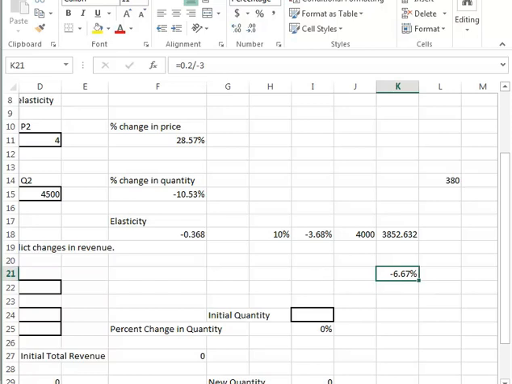We initially were charging $500. So what's our new price going to be? We're going to go ahead and take our initial price and then multiply by 1 plus the percentage change in price.